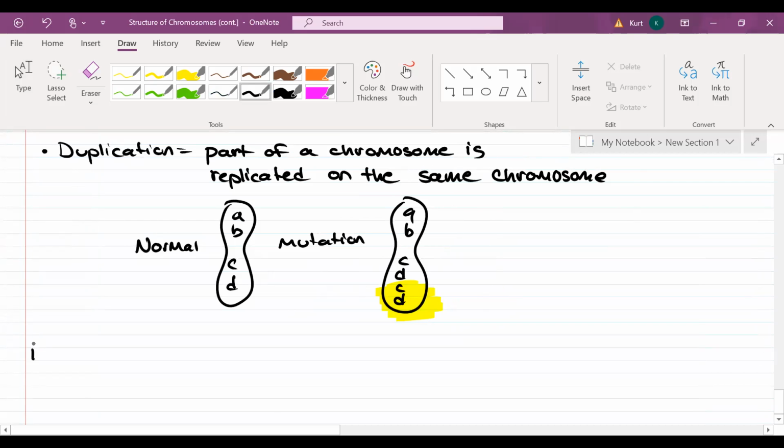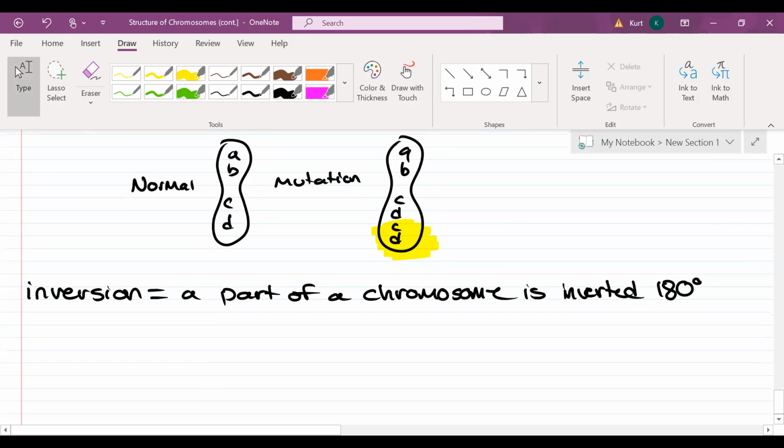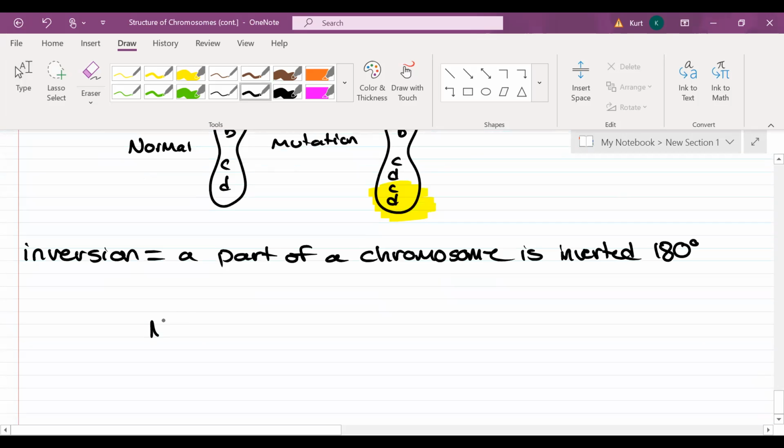The next one is called an inversion mutation. This one's pretty easy. A part of a chromosome is inverted 180 degrees. Basically flip-flops. Can these be harmful?